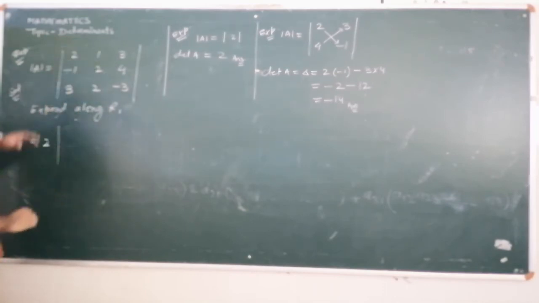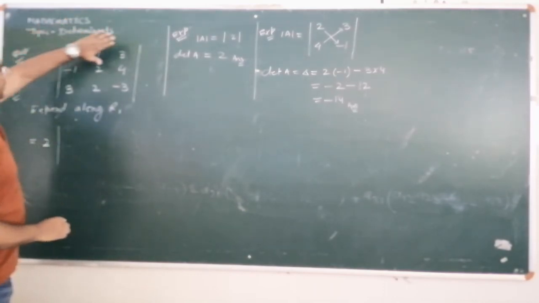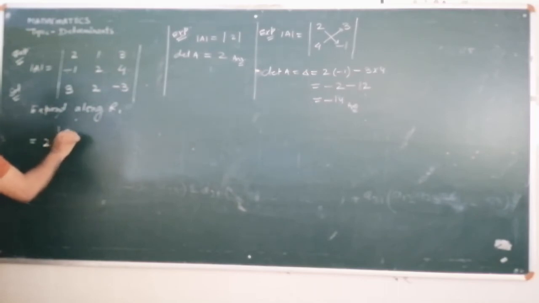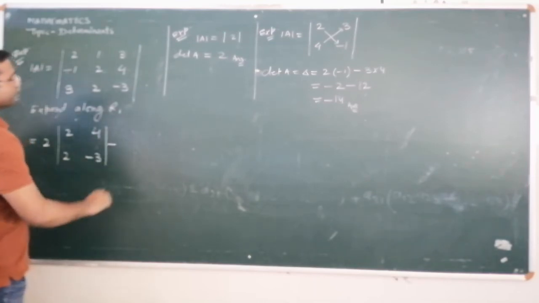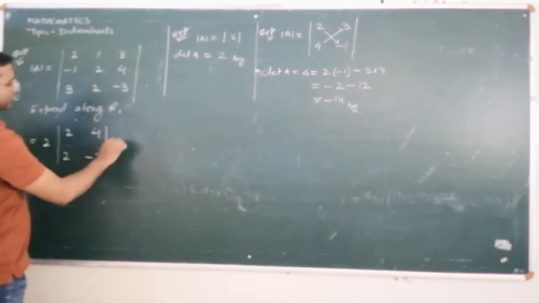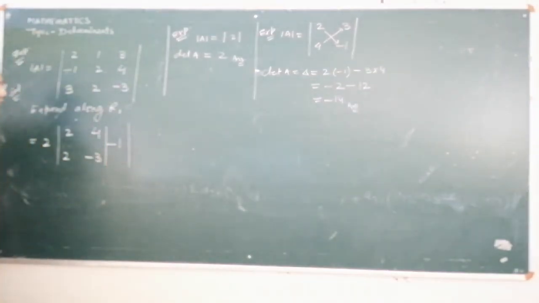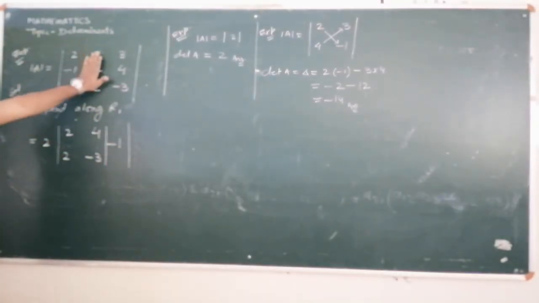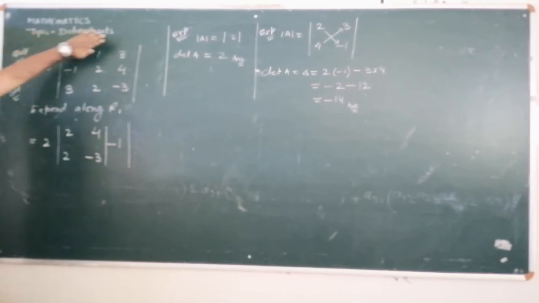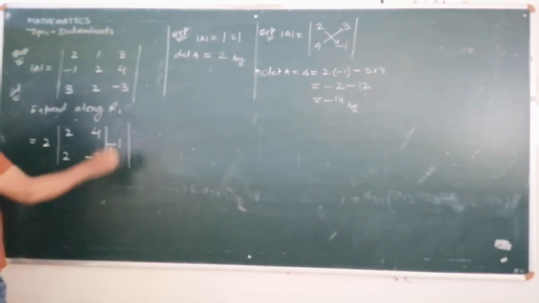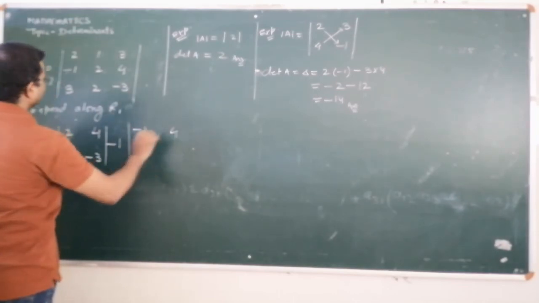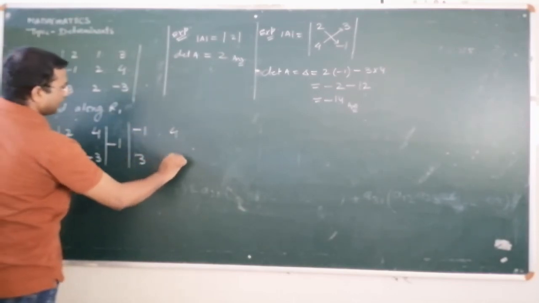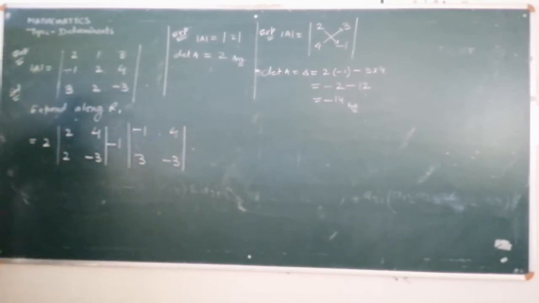So what I will do? I will hide the first column and the first row. The remaining elements I will write as 2, 4, 2 and minus 3 in the form of a determinant. Then the second element with the minus sign, and the remaining elements, if I hide the second column and the first row, are minus 1, 4, 3, minus 3.